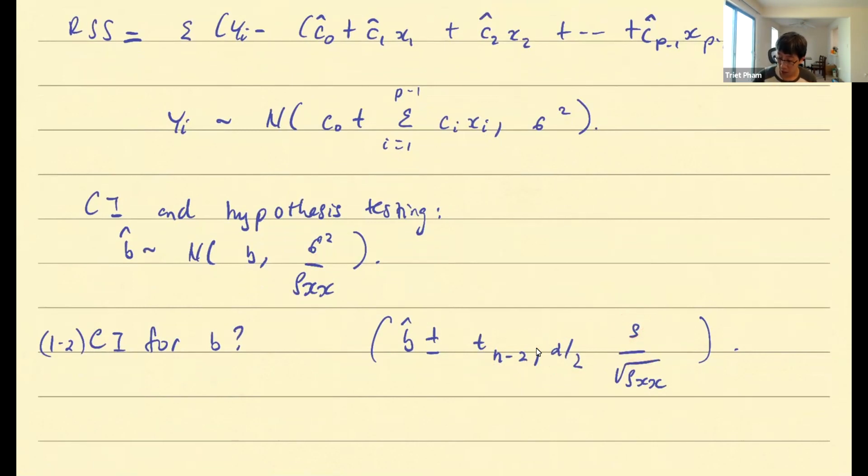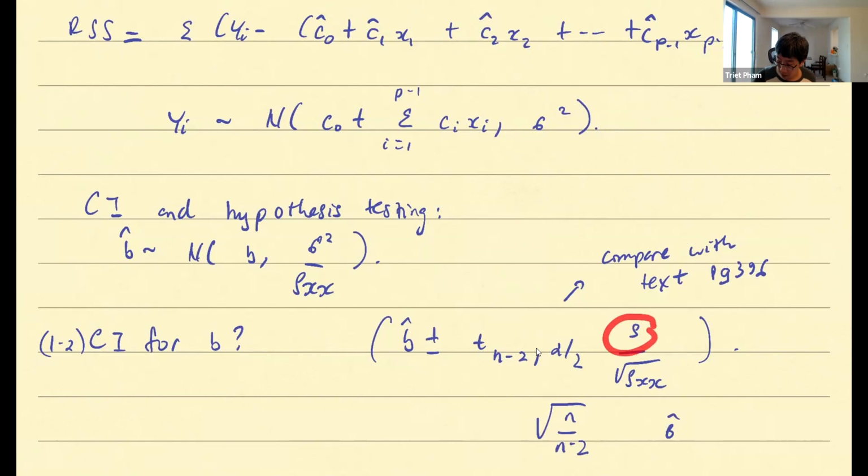Notice in the textbook, on page 396, they will have some square root term like this, and then they have sigma hat instead of my S. You know why the textbook has this term and I don't?